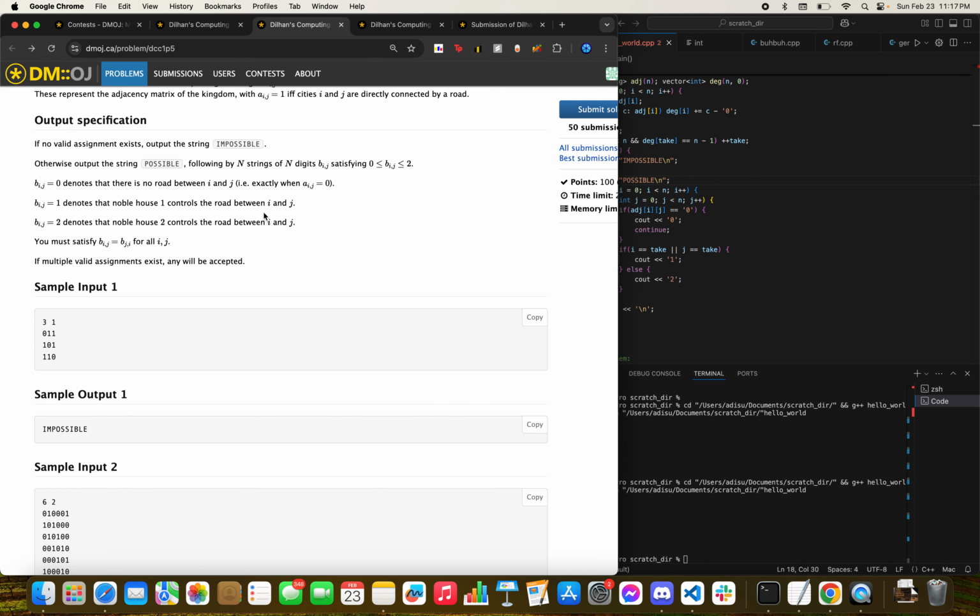Alright, so if there's a node that is connected to only some, and I can take that out, it's automatically possible, right?